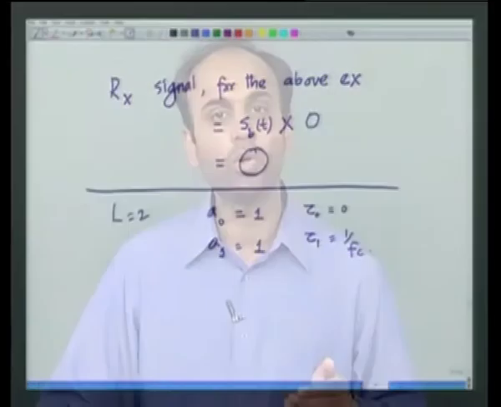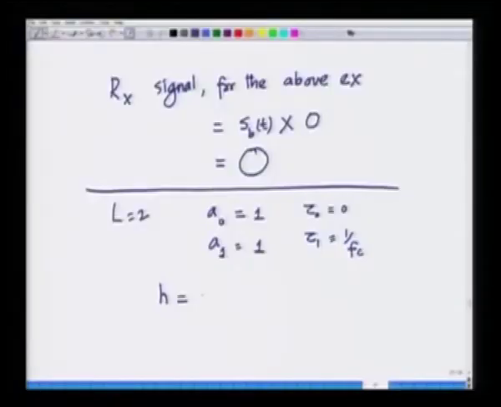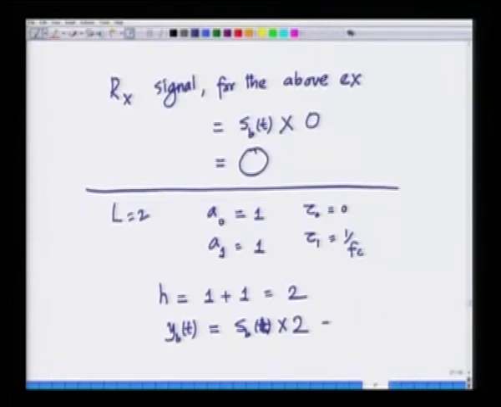You can easily show in this case that the coefficient is H equals 1 plus 1 equals 2, and hence the received signal is Yb of t equals Sb of t into 2 equals 2 Sb of t.